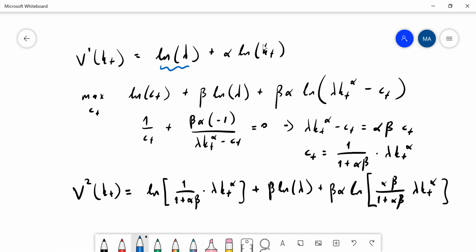So you're gonna have alpha plus alpha square beta ln KT, right? Yes, alpha square beta, and you're gonna have alpha from here. Then you're gonna have some other constants here, okay, depending on lambda, alpha, beta. All right, these are the parameters.